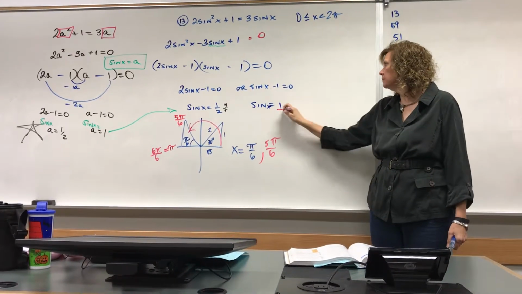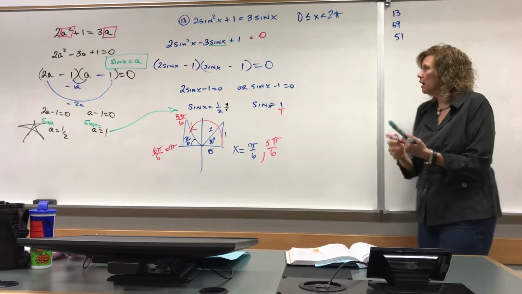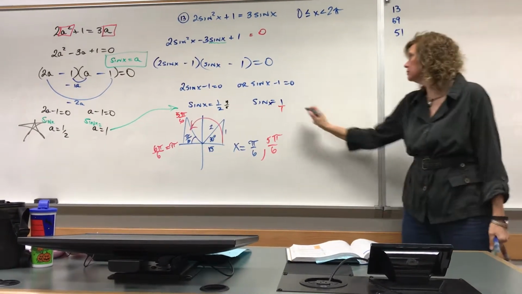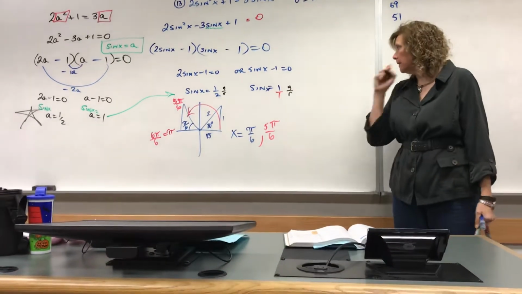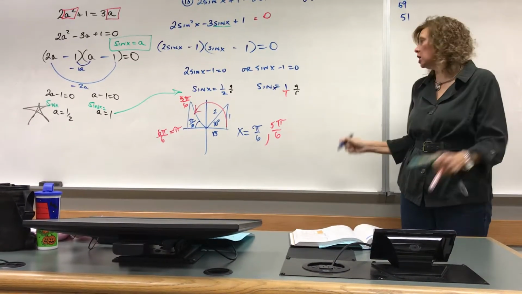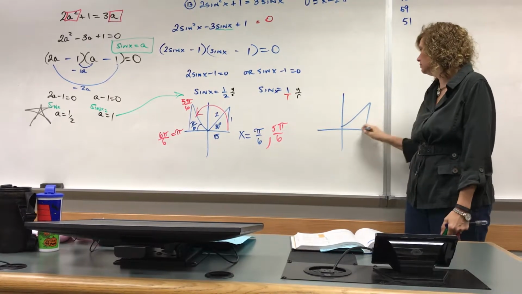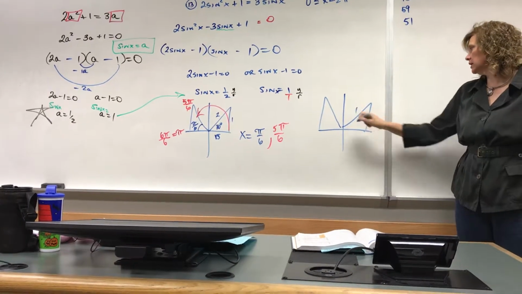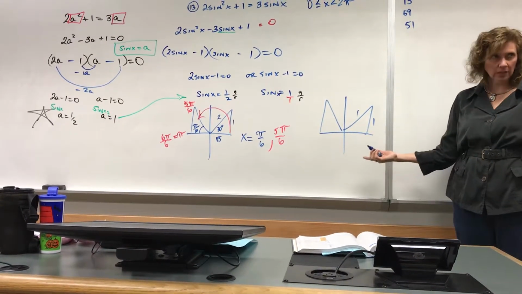Here, make your ratio. This is y over r. And hopefully, if you try to draw in the same manner, you say, wait a minute, what kind of triangle is that?